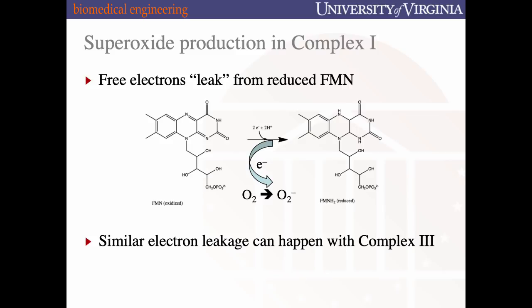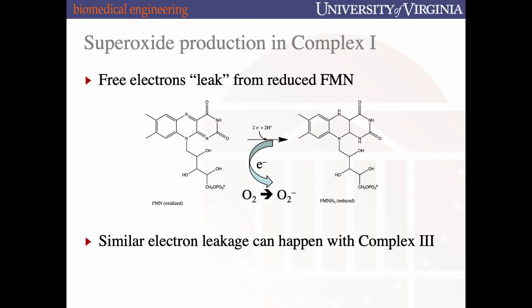And I don't have this slide here, but if you'll remember the crystal structure slide that I showed where the electrons are coming off NADH, and there's that first acceptor of those electrons, flavin mononucleotide on complex 1. This is another coenzyme that can undergo reduction and oxidation. This is the major leak source off of complex 1.